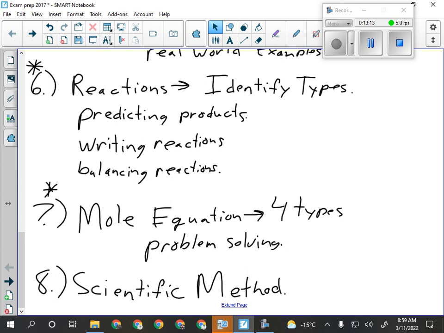And scientific method. There's a couple of multiple choice questions about experimental design, mostly being able to identify variables. So you're going to have some multiple choice questions that go something like this. A security company is wanting to test glass for use in banks.